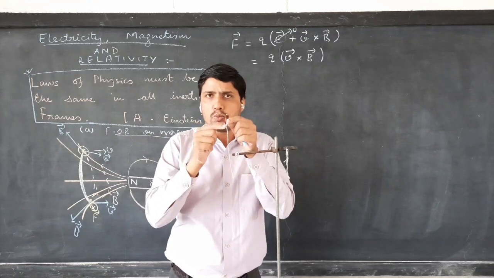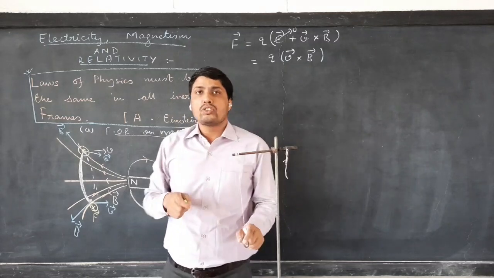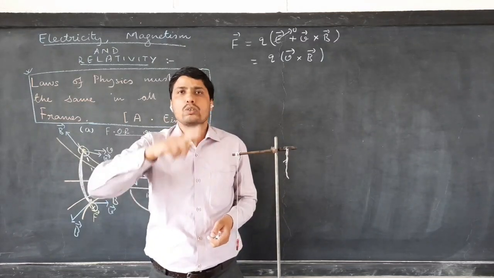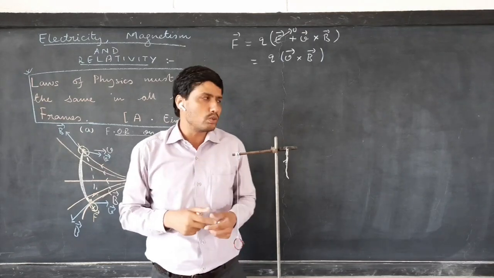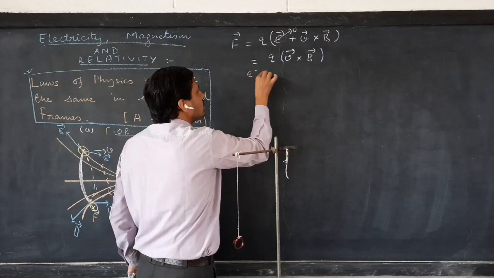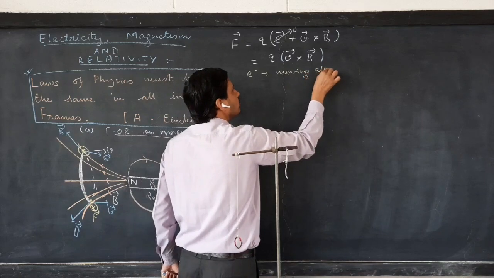At each point of the circular loop, the direction of force will be along the tangent. And because of that force, the electrons will start moving in circular path along the circular loop, in fact. So because of this force, electrons start moving along the loop.